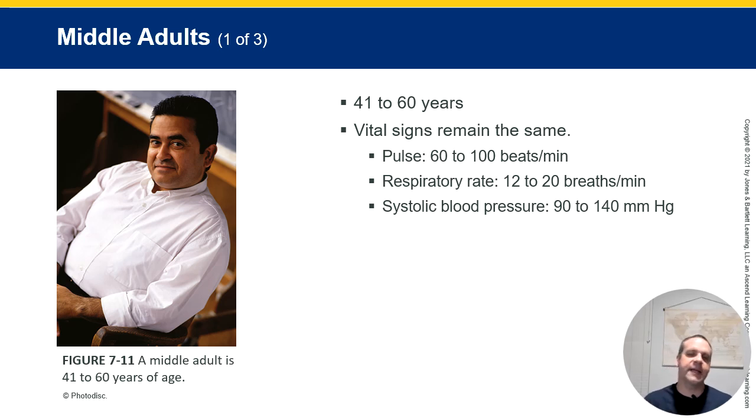But again, we begin to see a rise in chronic conditions. Many people in this age group have been diagnosed with hypertension, diabetes, high cholesterol, or early signs of heart disease. Their hearing and vision may begin to decline. Menopause typically occurs for women between their late 40s and early 50s.